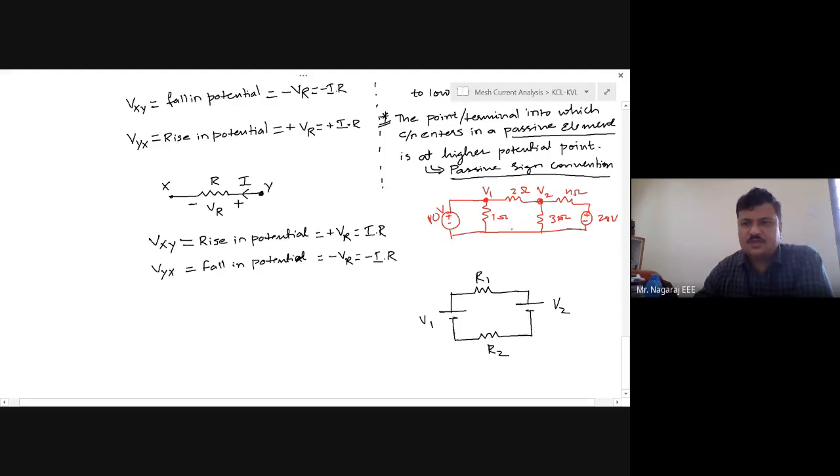The first assumption I will make is always the direction of current. Remember, for a given circuit with fixed values of circuit elements, the magnitude of current in each element is always fixed. Only the direction of assumption may be reversed.